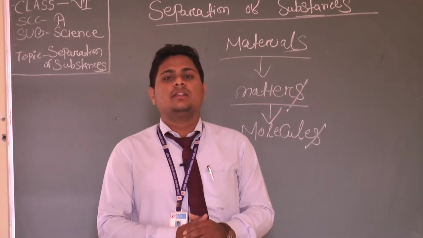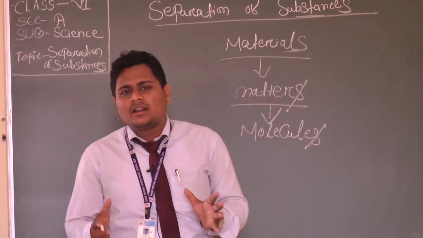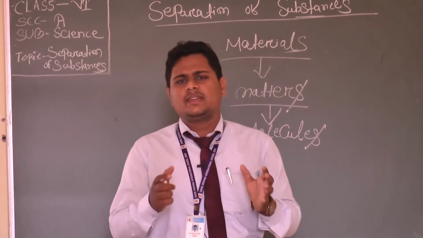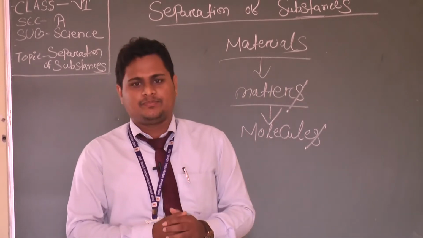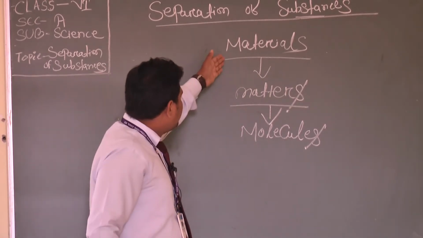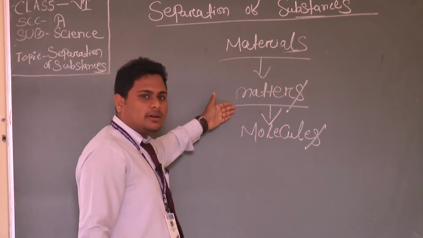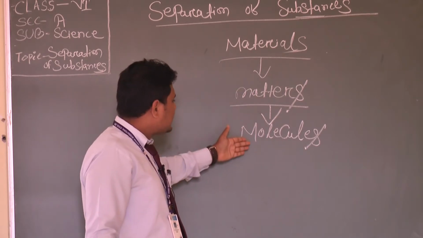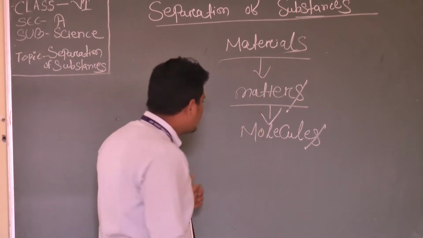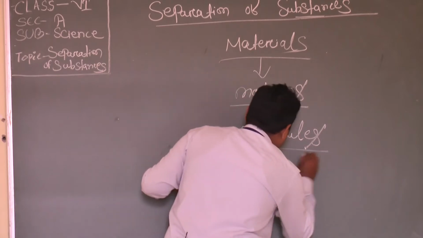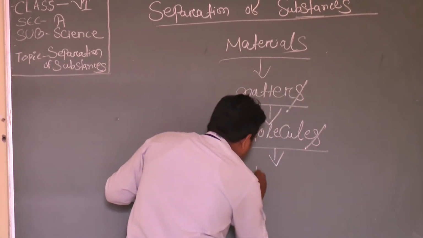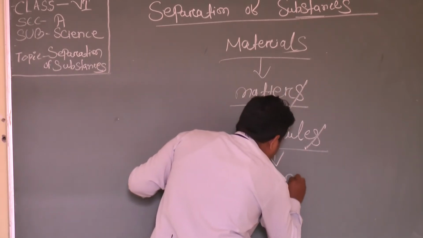Yes, we can see the molecules, but they are very small, so we cannot see them with our naked eye. The materials are made of matter and the matter is made of molecules. Sir, molecules should be made of something? Yeah, sure. These molecules are made of atoms.